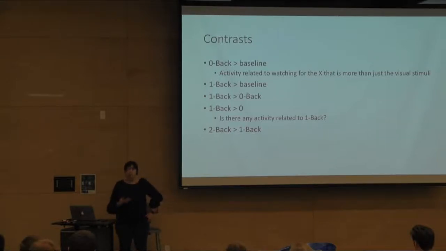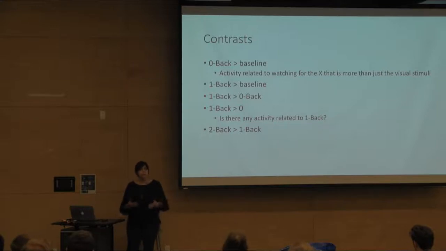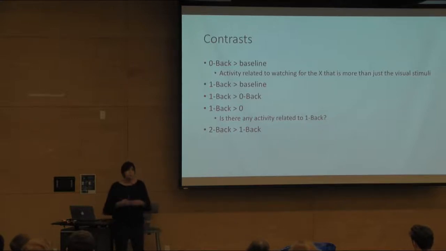So zero-back is a condition where you're seeing a set of stimuli and you push a button when you see an X, right? So you're just attending for some letter, or it could be something else, but I've typically done it with letters.